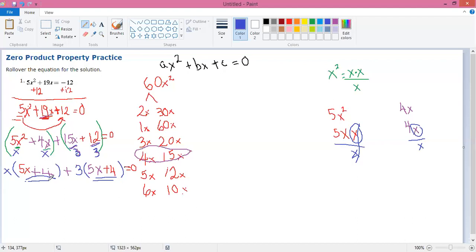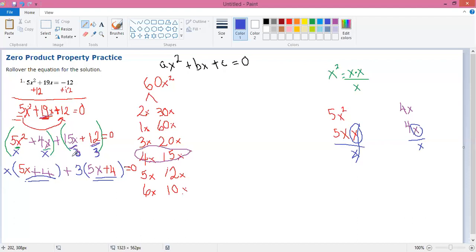No, there's no subtracting anywhere. I divided out the 3 from the 15x. So I'm looking for the greatest common factor. So when I looked at the 15x plus 12, do you see the 15x plus 12? I said, what do they both have in common? So 15 and 12 both have a 3 in common.